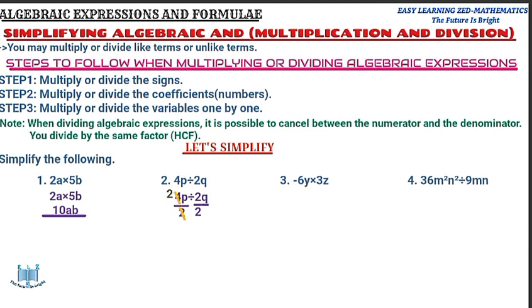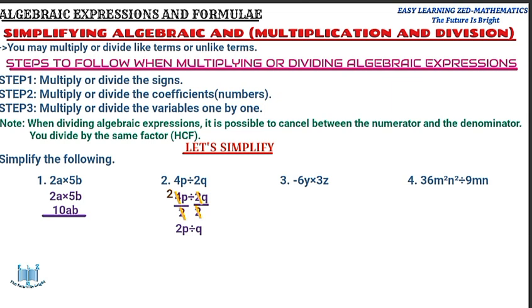Then we come down here and say 2 divided by 2 and 2 divided by 2 there. That means we have cancelled out the 2s. Since there is a 2 down and a 2 on top, they are the same number, so we can cancel them out. That leaves us with 2p divided by q.